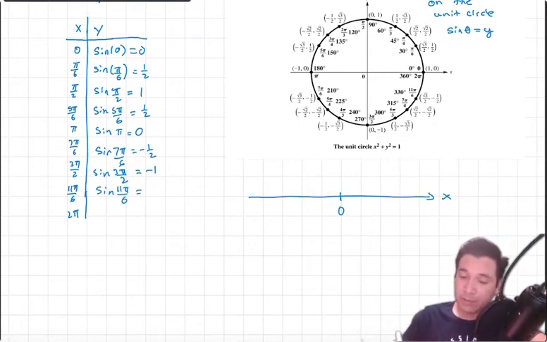Okay, so we plug that in, and we get that at 11 pi over 6, our y value is -1/2. And then at 2 pi, we're all the way back around at 0. So 2 pi is the same thing as 0, and the y value there is 0 again.